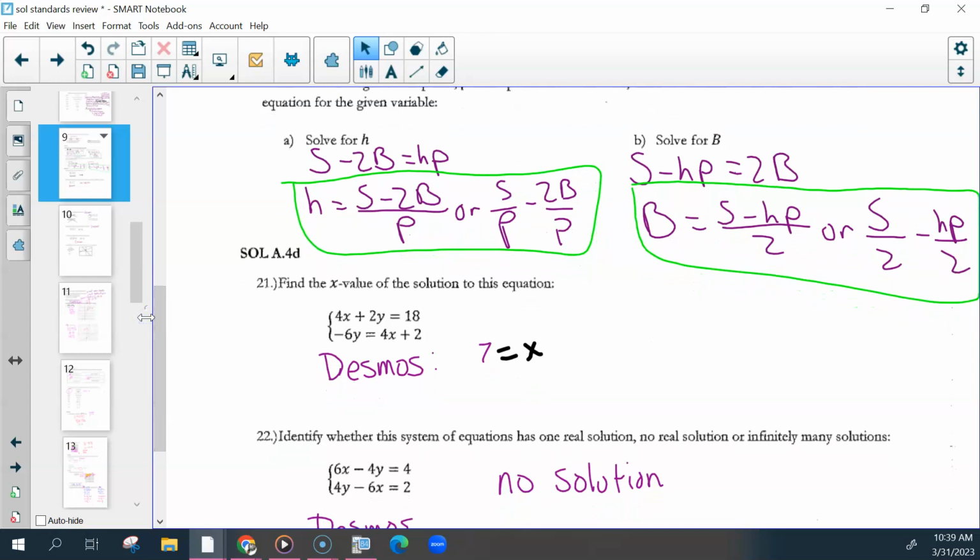All of 4D could have been done in Desmos, so if you put both of those in, make sure you're paying attention to the directions. 21 just asks you to find the x value, so x equals 7. When you put both the equations in for 22, you got no solution.